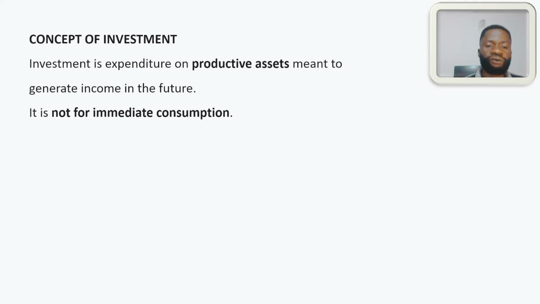So when somebody is buying a particular machine, let's say someone buying a machine to produce bottled water, that is investment. But someone buying food and clothes is not investment. Those are referred to as consumption.